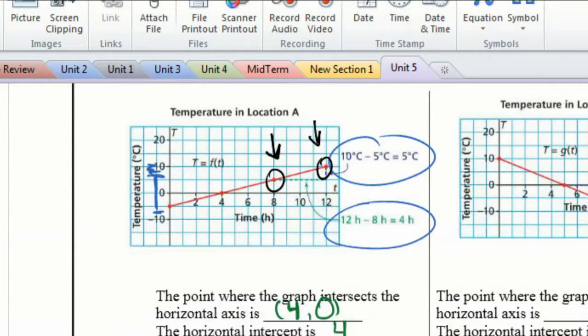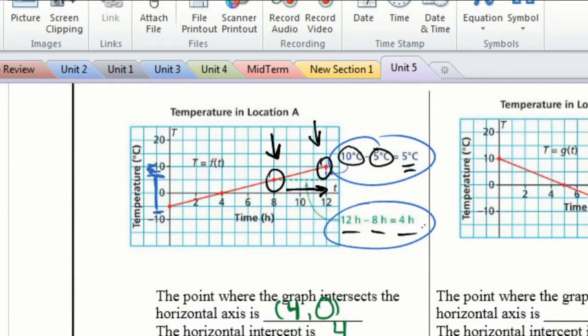So it looks like they finished at 10 and then they started at 5. So you went up by 5 degrees Celsius. And then the run, how far across did I have to go? So it looks like I started at 8 and finished at 12, over 4 hours.